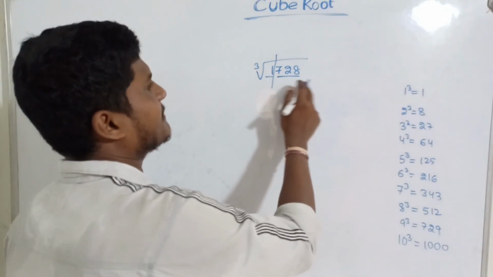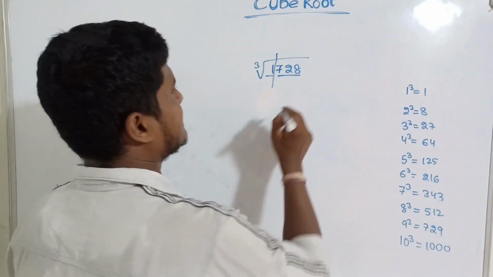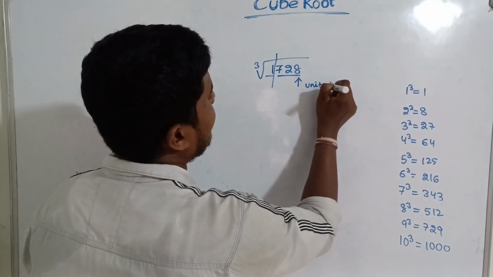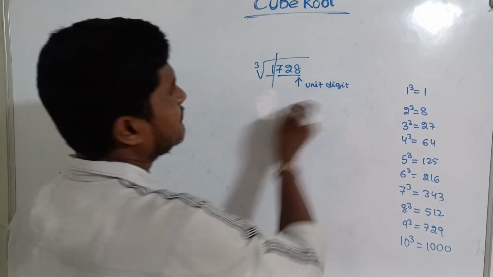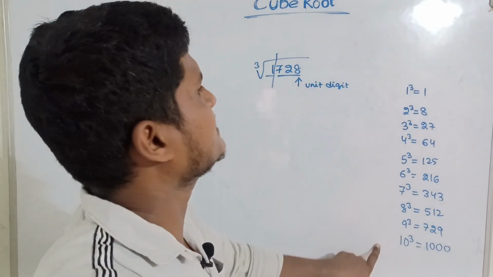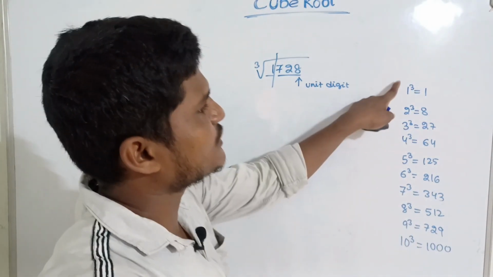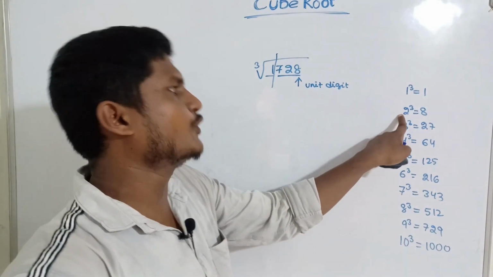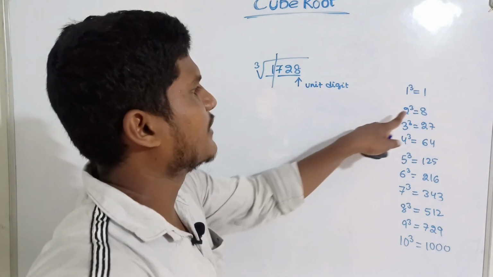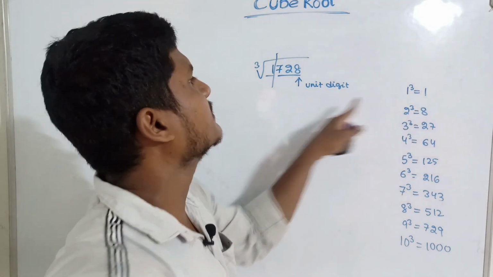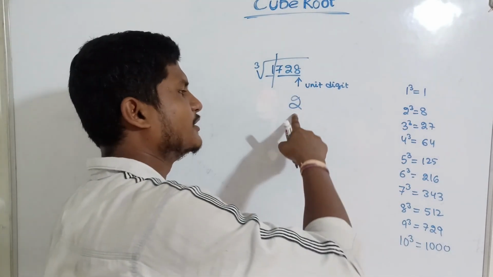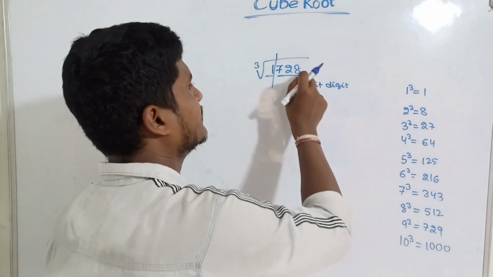In the second part, what is the unit digit? 8. Now which number's cube has unit digit 8? Look, 2 cube is 8. So we write 2 in the unit place, because 2 cube has unit digit 8.